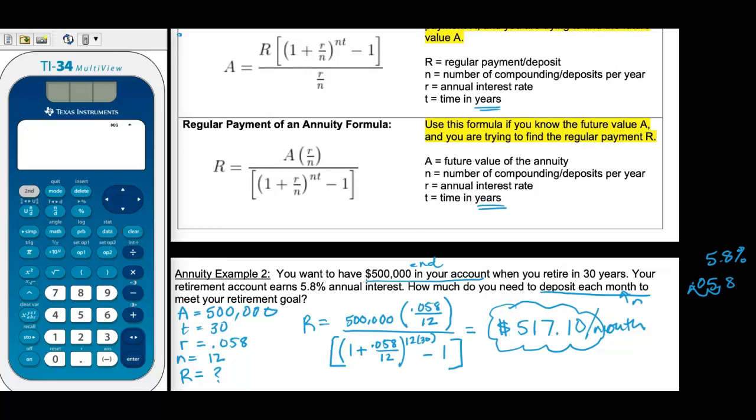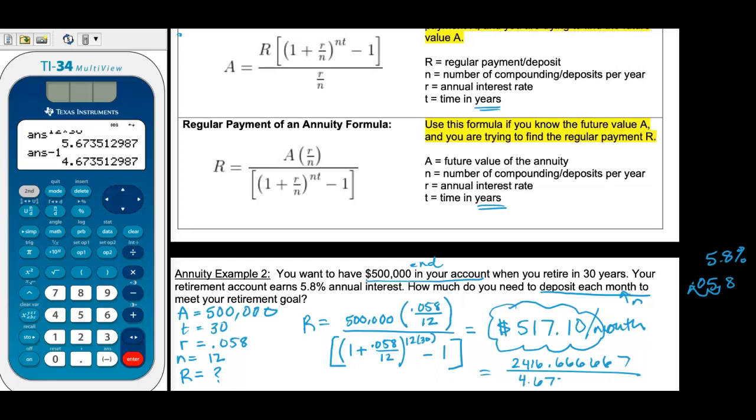And then just like before, if you wanted to do this step by step, you could. So you could just do the numerator. So 500,000 times 0.058 divided by 12. And in the numerator, we get 2416.666667 divided by, and then in the denominator, I'm going to do the parentheses first. So I'm going to do 1 plus 0.058 divided by 12 raised to the 12 times 30 power, and then minus 1, and then I write that number down.